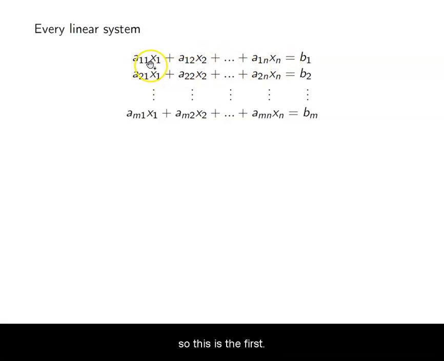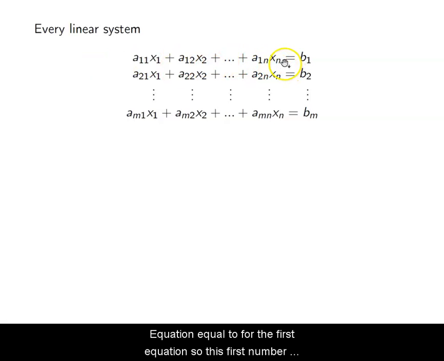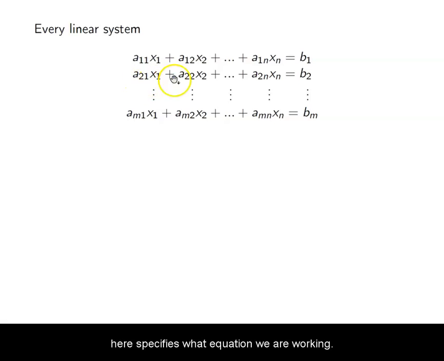So this is the first coefficient in the first equation. This is the second coefficient in the first equation. The nth coefficient in the first equation, and then this is what this whole equation equals for the first equation. So this first number here specifies what equation we are working with.